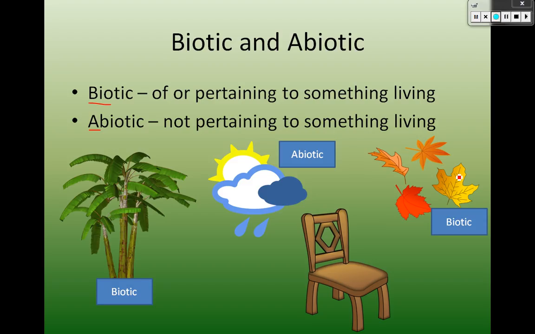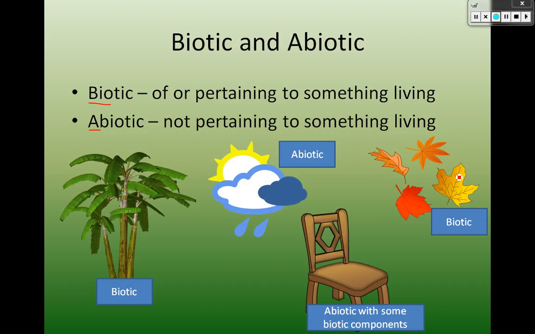The chair is a little more confusing. I chose this chair because it looked like it was made of wood. If it were made of plastic, that would be different. If it were made of plastic, it is definitely abiotic. If it's made of wood, we actually say that the chair itself is abiotic, but there may be some biotic components in it. That wood still may maintain its cellular structure, and so we would say there are some biotic parts in that.